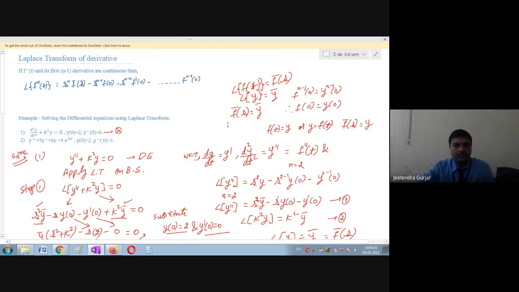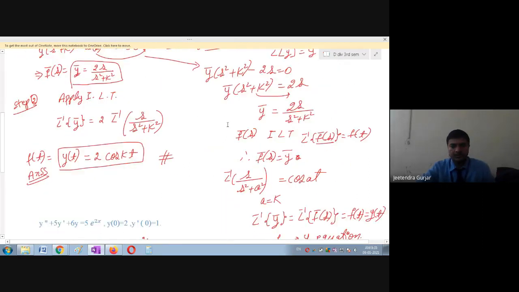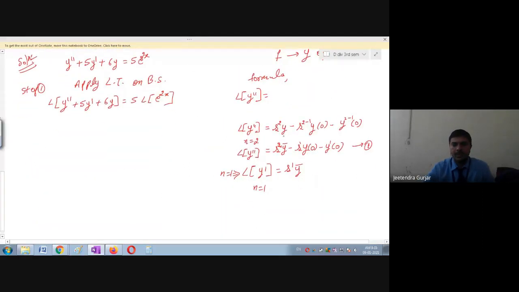Okay, so now we'll simplify this. So this is again minus s raised to 1 minus 1, right, y of 0. So derivative will not be in negative. So therefore, remaining terms will become automatically 0. So therefore, this is equal to y dash minus s raised to 1 minus 1 is 0.